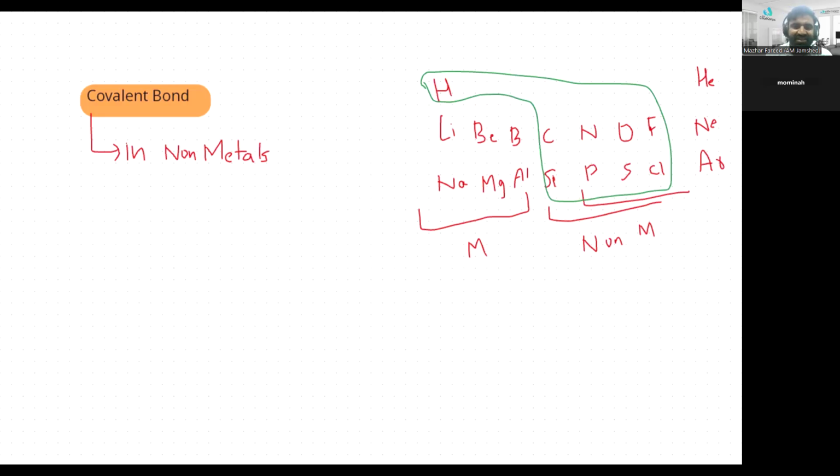If we see the definition of the covalent bond, it is formed by the mutual sharing of electrons.